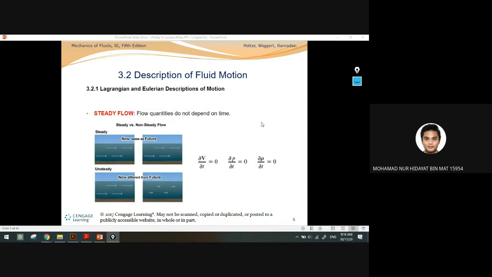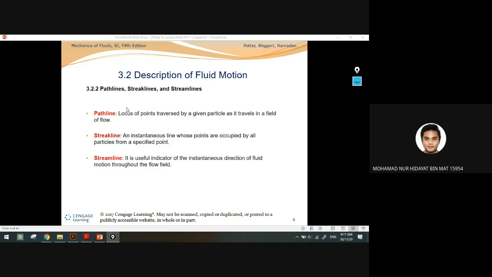And then after you have learned steady and unsteady flow, in the flow itself there are 3 kinds of lines. We call them the path line, the streak line, and the streamline. So what are these lines? Remember, the line comes from the fluid particle. The path line is the locus of points.